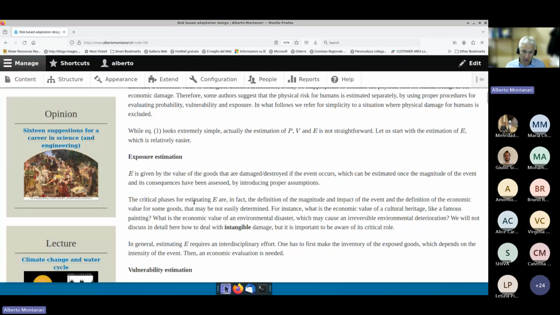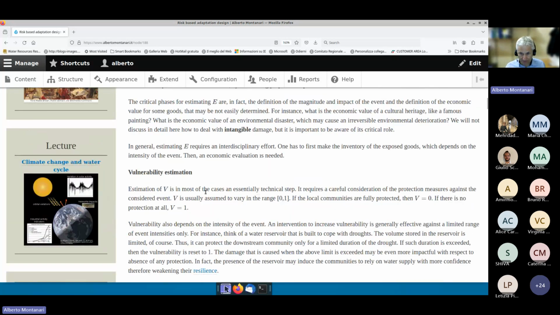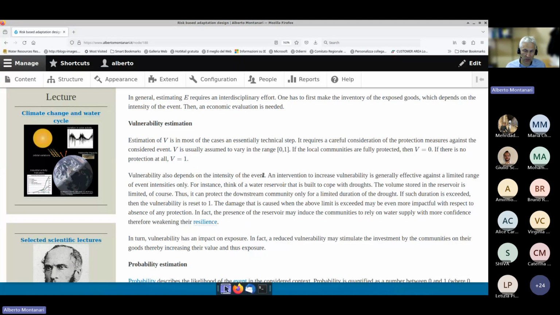Now, we discussed exposure. Let's discuss vulnerability. So, vulnerability estimation is technical. It's essentially technical, and it's a task that is more or less in the hands of the engineer, in the hands of the scientist in general. It is still to some extent multidisciplinary, but it is more contextual.